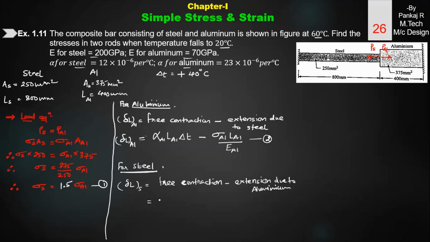Okay, so free contraction is alpha steel, length for steel, delta T, same for both, minus sigma for steel, length for steel upon E for steel. That is equal to my delta L for steel. Let's say this is equation 3. Okay, this is equation 3 which we got.